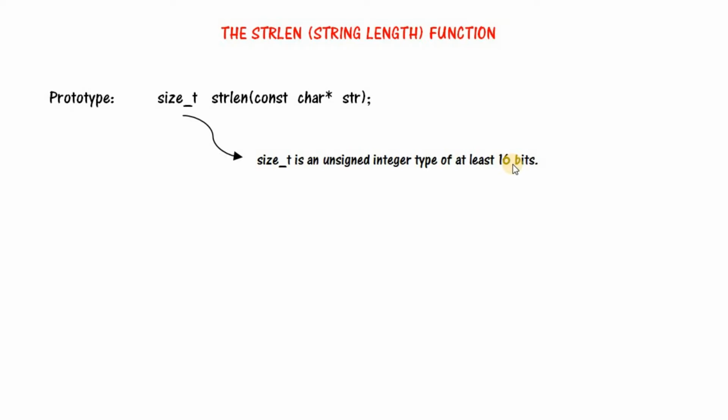You actually don't have to bother about size_t at all. The strlen function returns an integer value, that is the length of the string. Now it depends upon your computer whether it would be 16 bits or more than 16 bits.